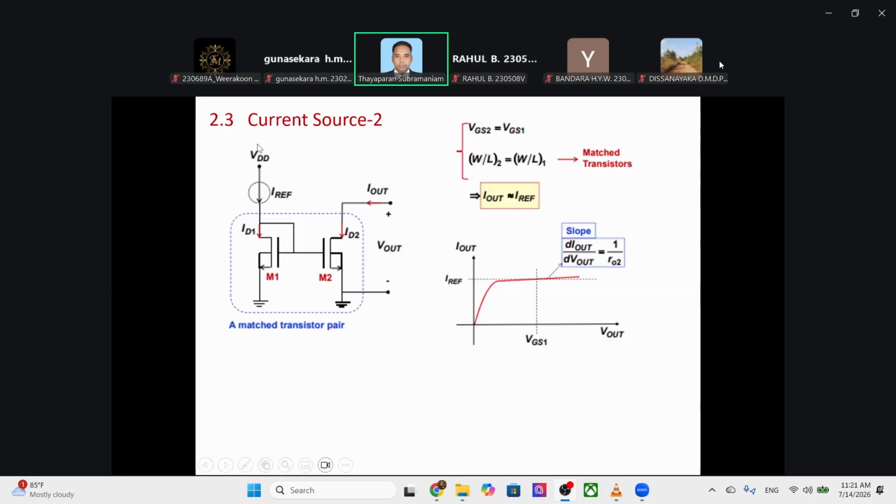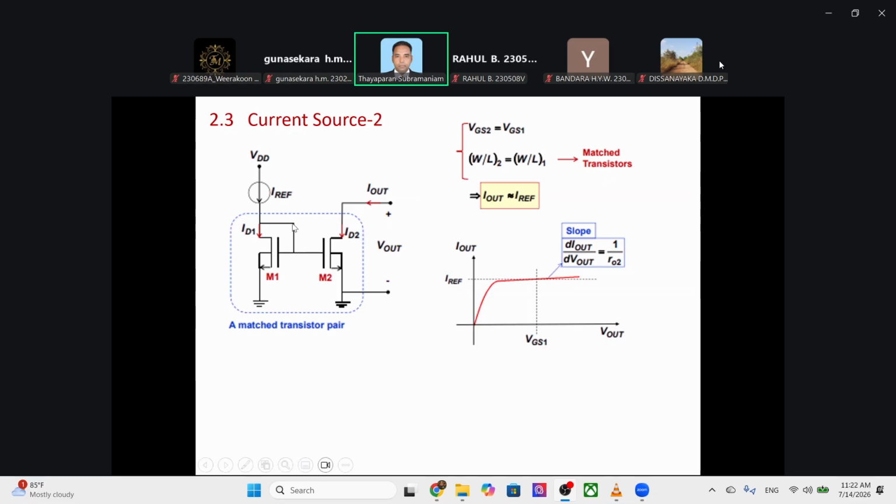Variation here will not affect much. What is carried forward from here to here is VGS equal to VDS. In order to put it in an approximate place, we use this current source. Because these two are matching transistors, whatever the current here, we will have almost the same current here, with better quality. That's the point here.